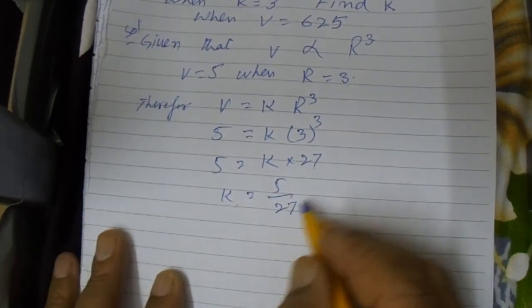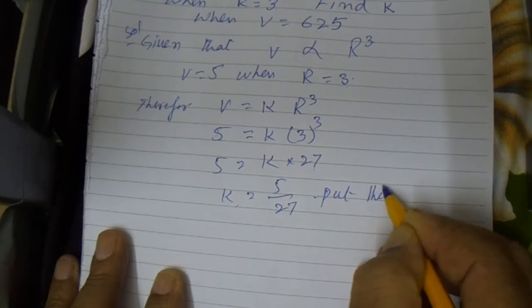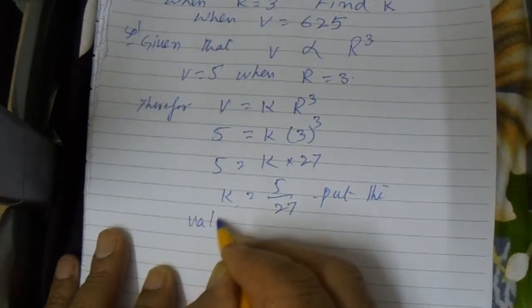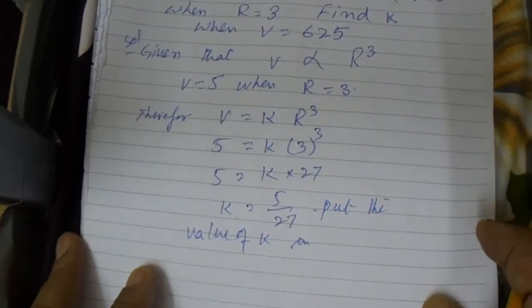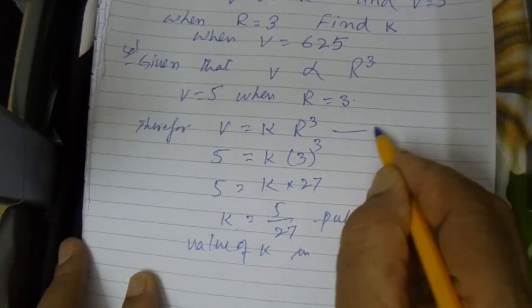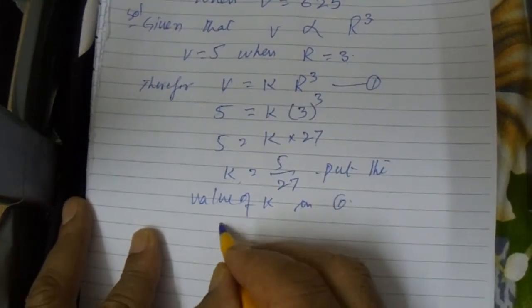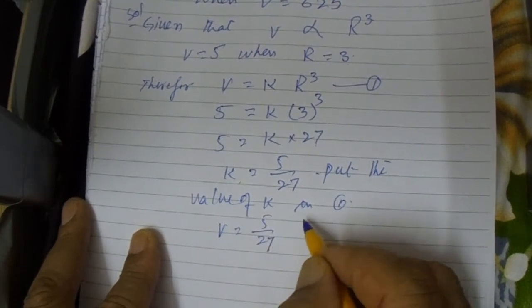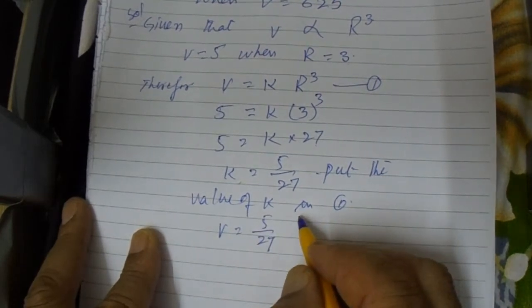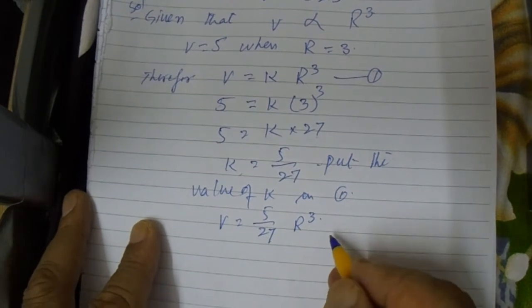Now put the value of k in 1, and V is equal to 5 by 27 R cubed.